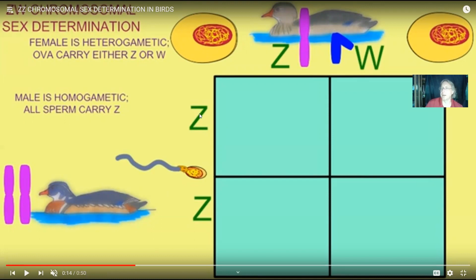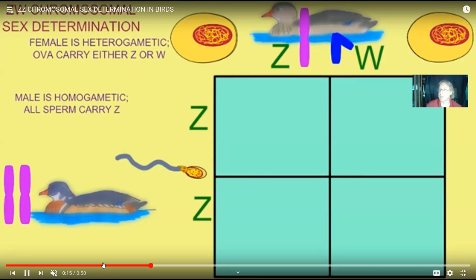So in female mammals, for example, if the females are XX, then all of the ova possess an X chromosome, whereas if the males are XY, half the sperm carry an X chromosome, half the sperm carry a Y chromosome. So males are heterogametic. There's two different kinds of sperm, whereas the females are homogametic. There's one type of sex chromosome in ova.